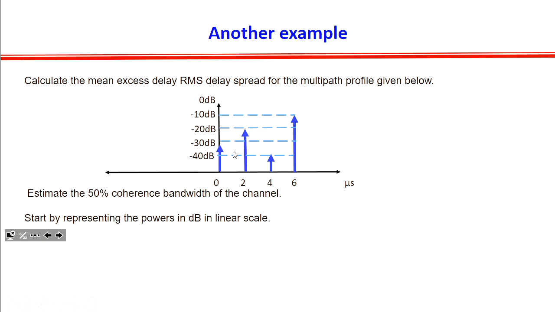So the reason could be something like the material properties of the reflector. If it has reflected off material that absorbs more than the one that has less absorption quality, then it's quite possible that the path that is coming later has more power than the one that has just arrived.